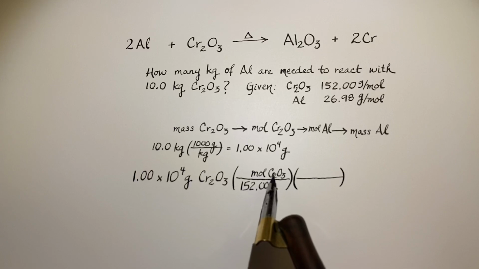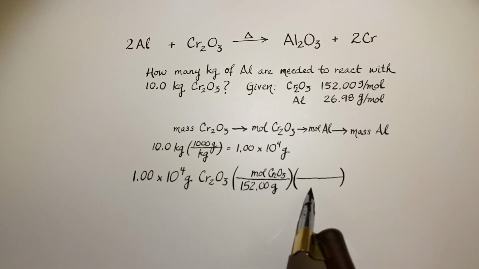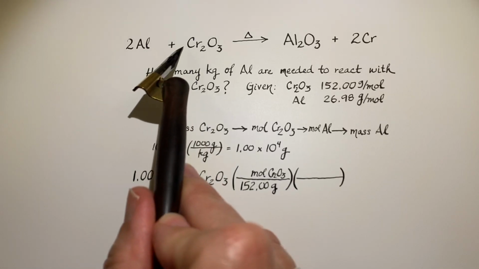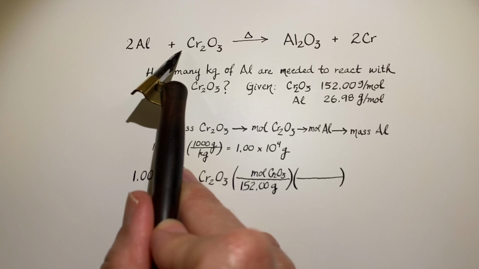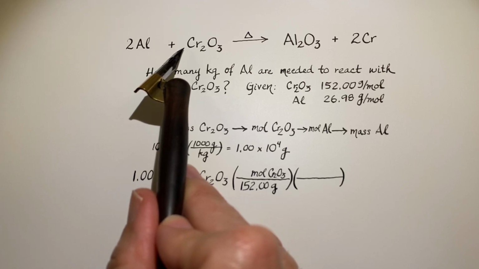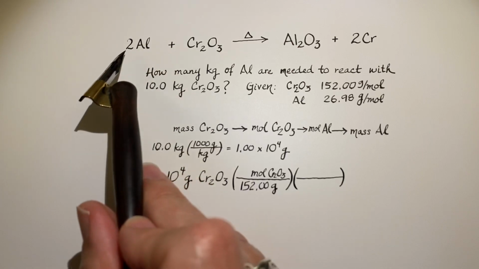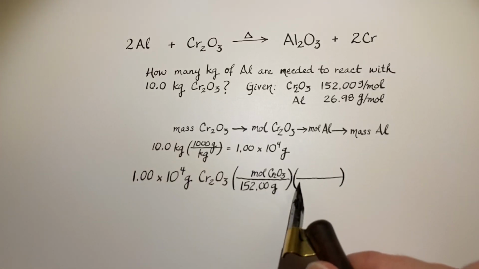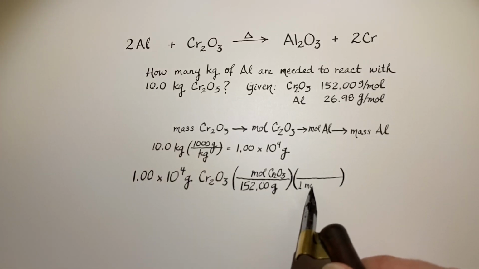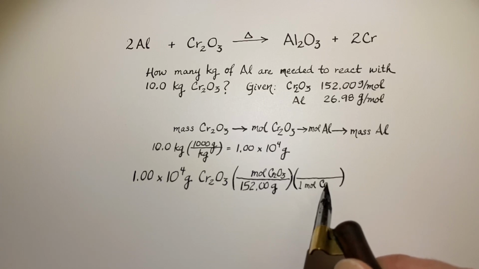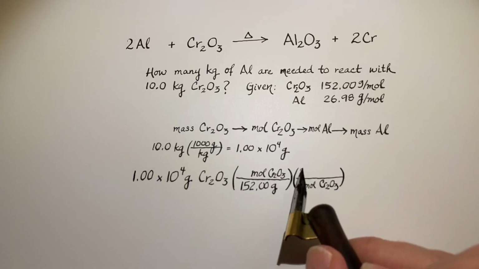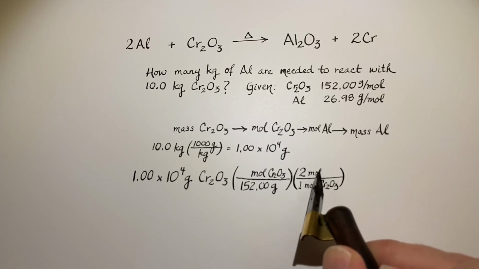Moles of the chromium 3 oxide are up here, so we want those to be down here. And we check back at the stoichiometric coefficient. There isn't one, so that implies 1, right? And aluminum, there are 2. So down here, for every 1 mole of chromium 3 oxide, 2 moles of aluminum.